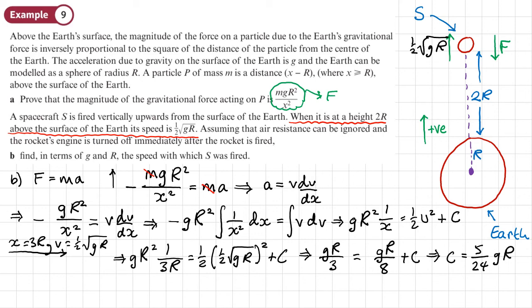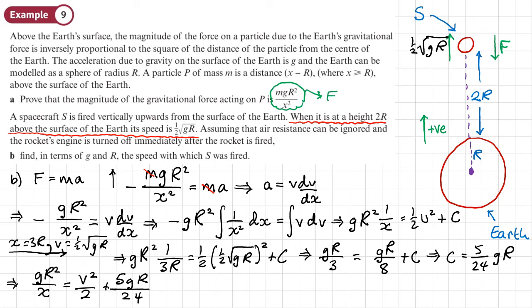So my full expression now is going to be this with my value of c. Let's write it like this: gr squared over x is equal to v squared over 2 plus c, and I'll write that as 5 gr over 24.